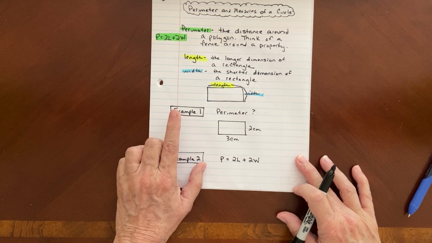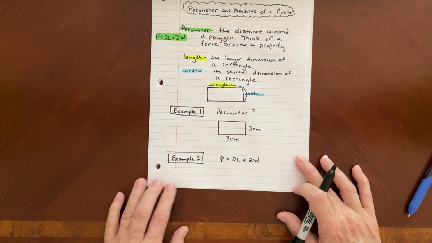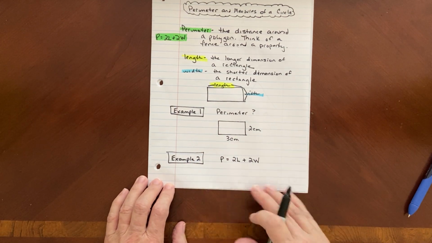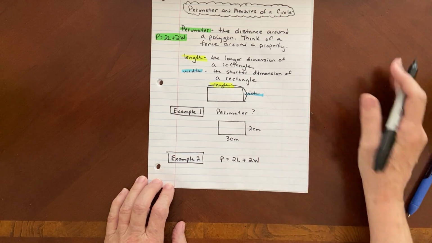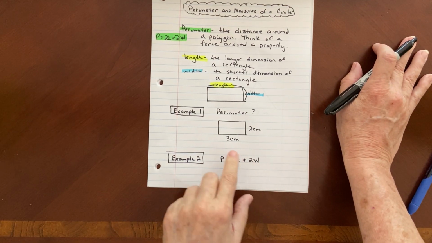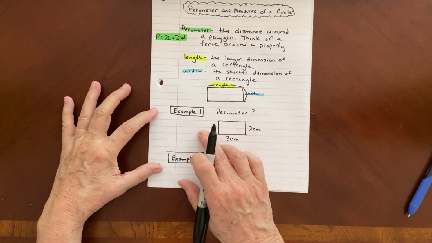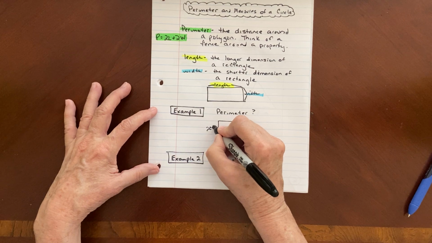Okay, so if I want to find the perimeter of this rectangle, I got to go all the way around it, right? So they gave me two measurements, and this is a regular rectangle, right? So I know that this measurement and this measurement are going to be the same. Otherwise, we get some crazy angles.